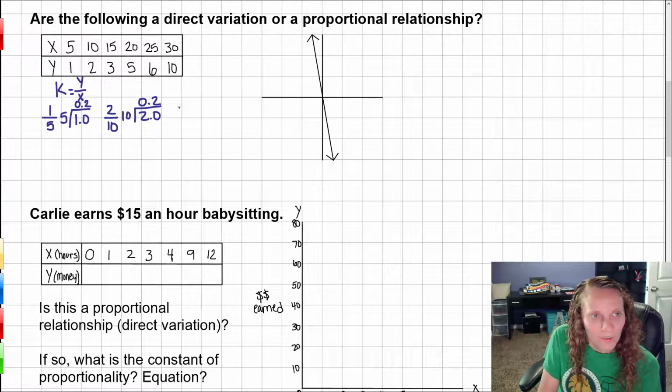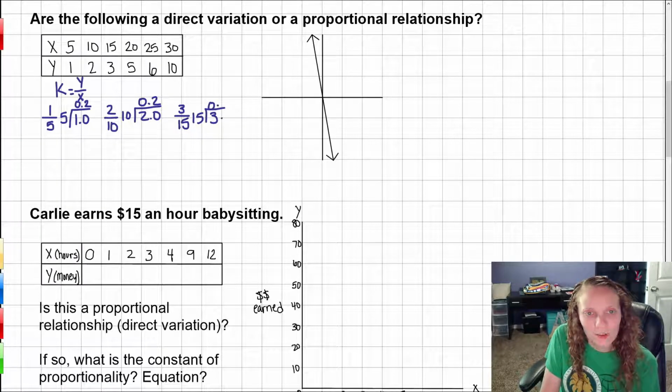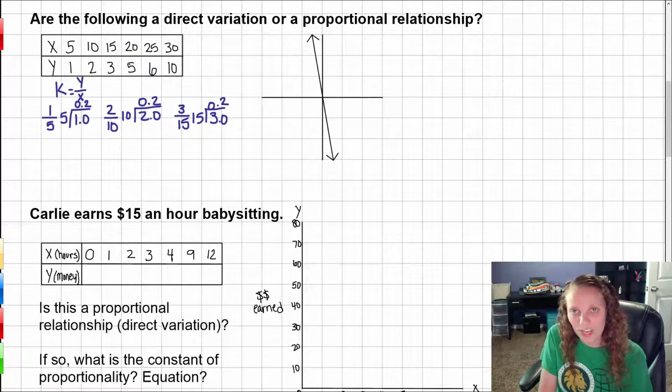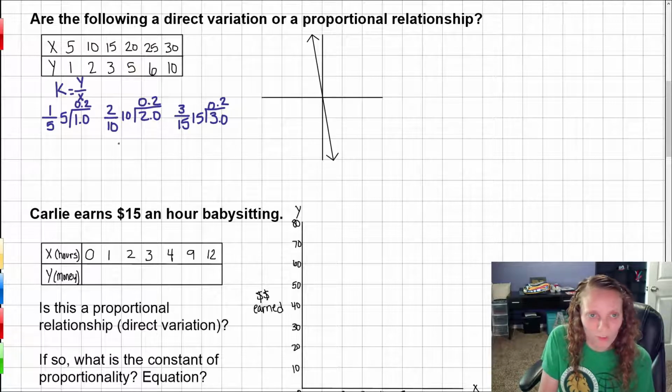The next one would be 3 over 15. First number in, last number out. 15 does not go into 3. Add a decimal and a 0. 15 does go into 30 twice. Okay, we're getting the same number every single time. You have to check the whole entire table to make sure all of them work.